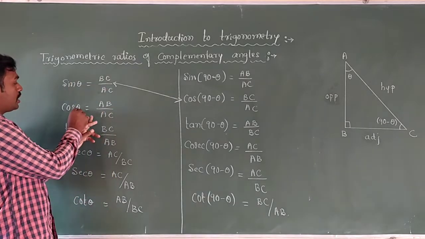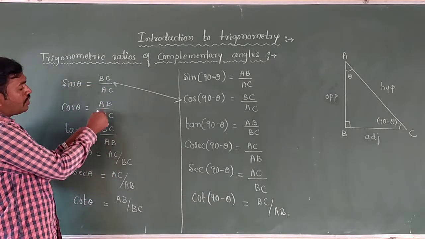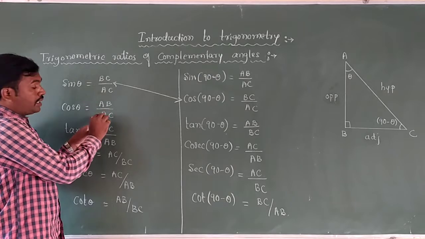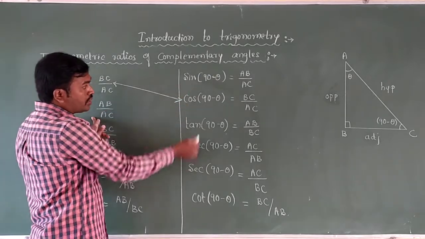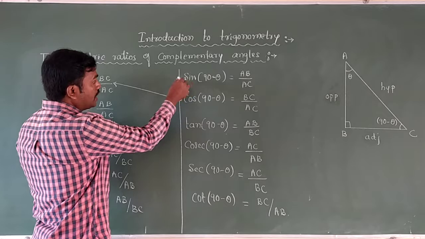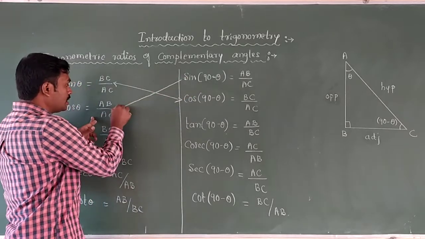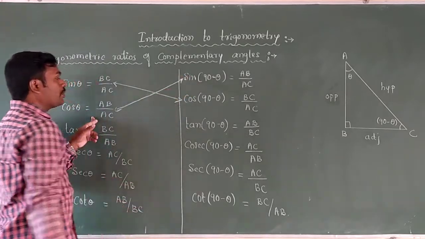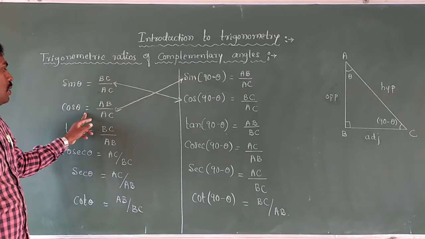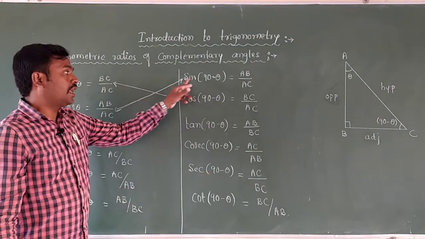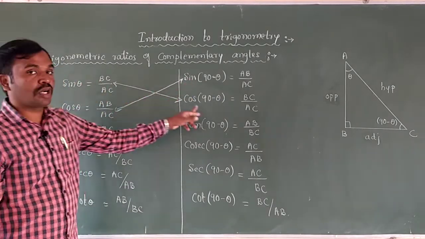Next, observe cos theta, which is AB by AC. Among these, which one gives AB by AC? Sin theta. So complementary of cos is sin, and complementary of sin is cos.